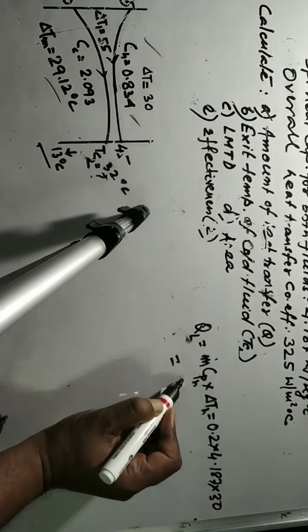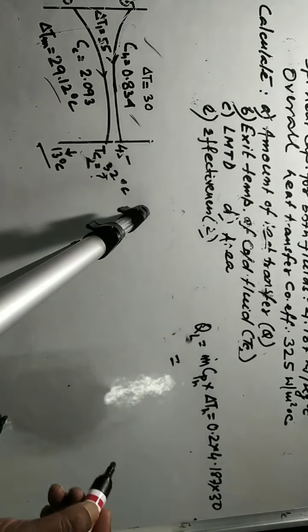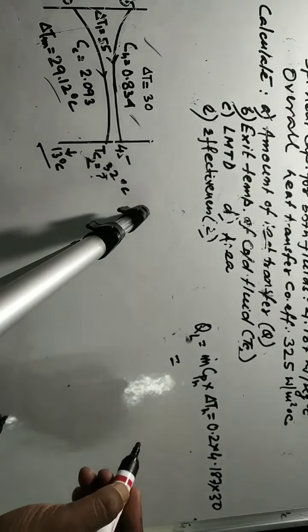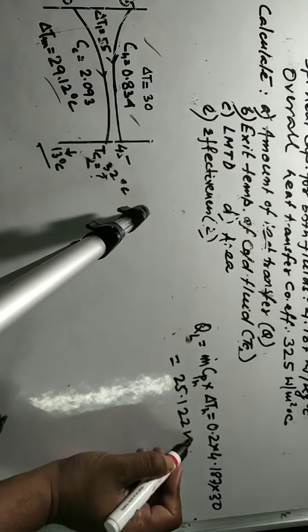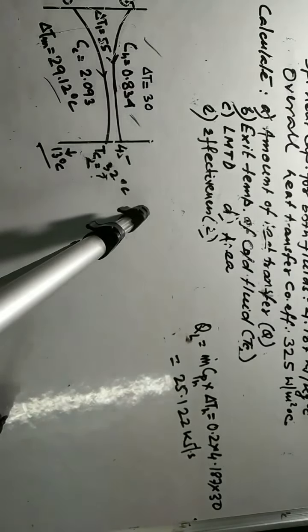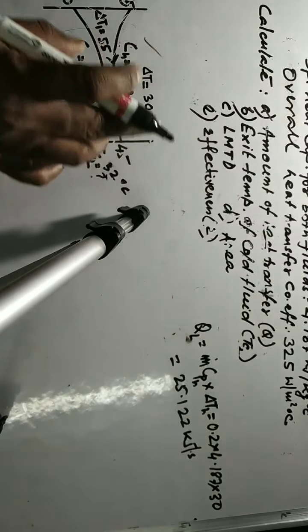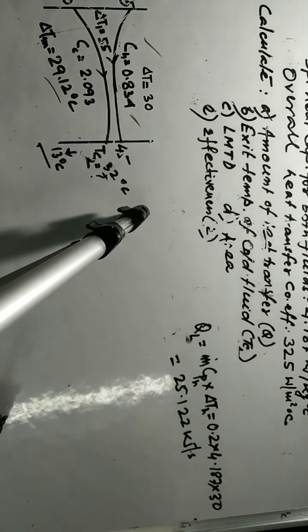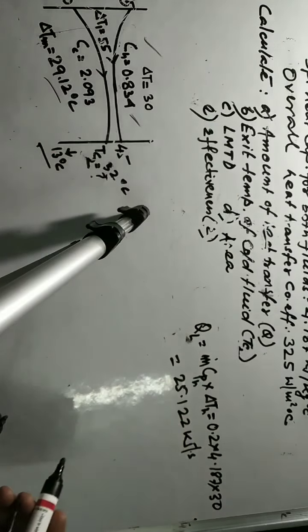So this will give you 25.122 kilojoule per second. So we have got how much heat is lost by the hot fluid.